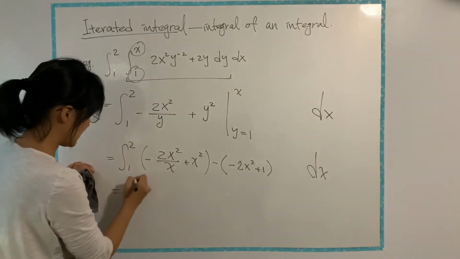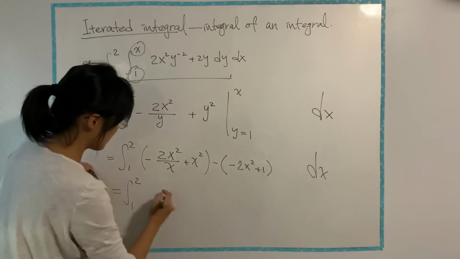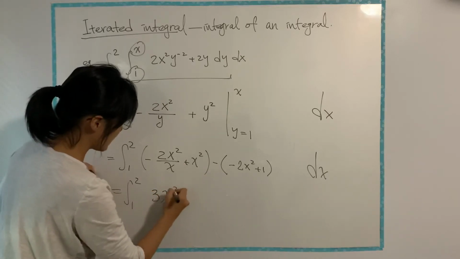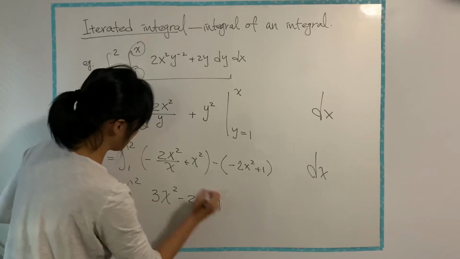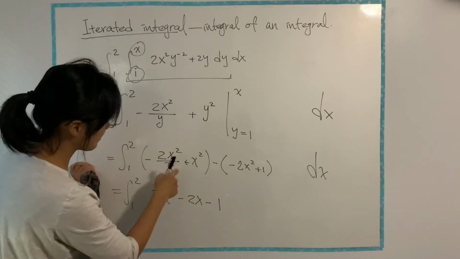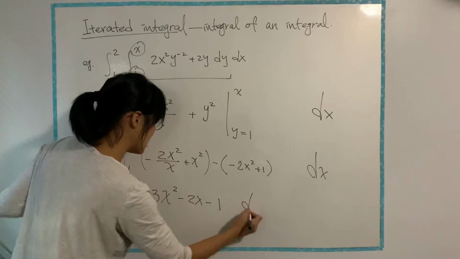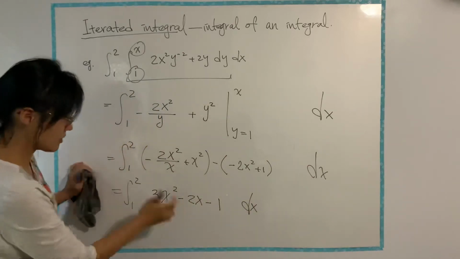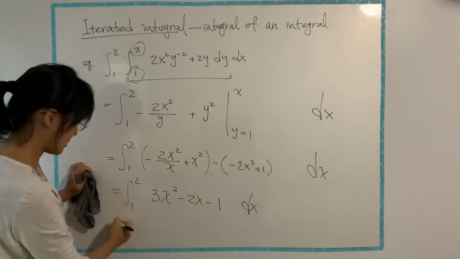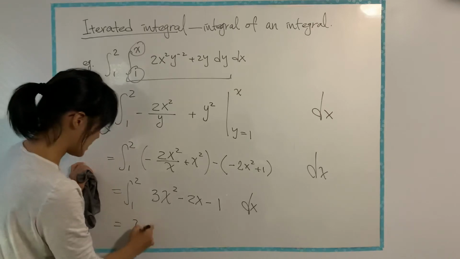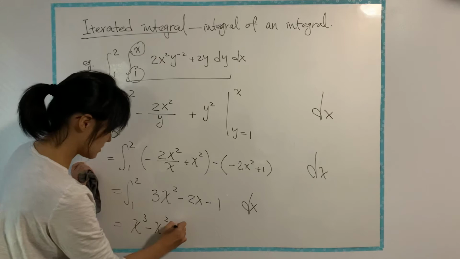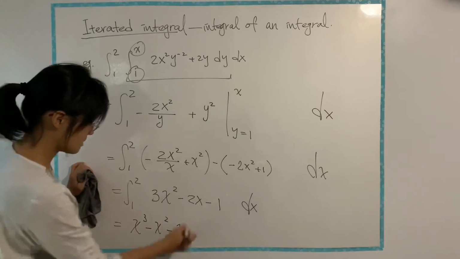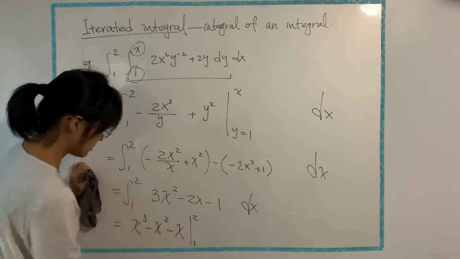Here I simplify this a little bit, organize it a little bit. 3x squared minus 2x minus 1, if I'm right. Let's double check. Okay, dx. So I have a polynomial, integrating a polynomial with respect to x: x cubed minus x squared minus x, from 1 to 2.